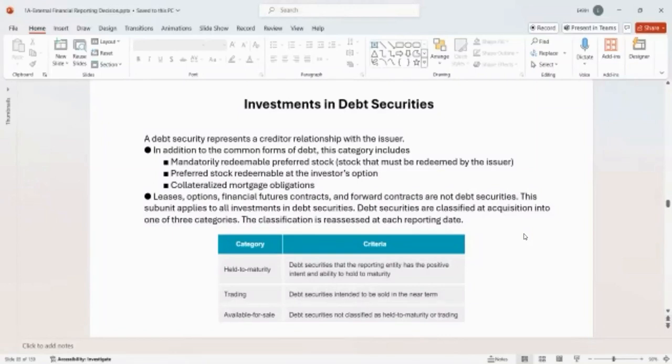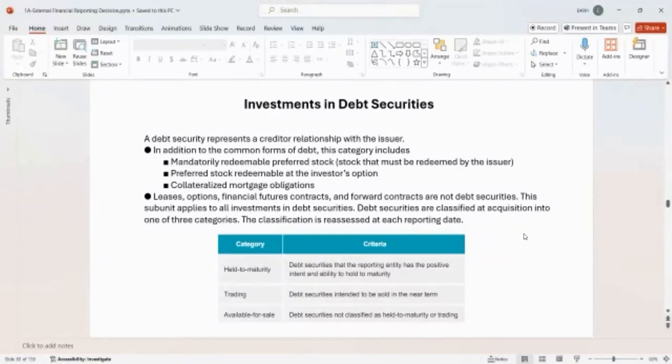This subunit applies to all investments in debt securities. Debt securities are classified at acquisition into one of three categories. The classification is reassessed at each reporting date. By category, we will have some criteria. Held to maturity: debt securities that the reporting entity has a positive intent and ability to hold to maturity.